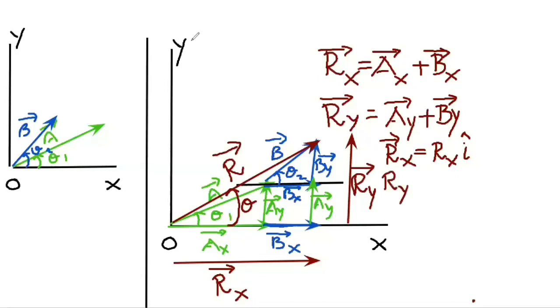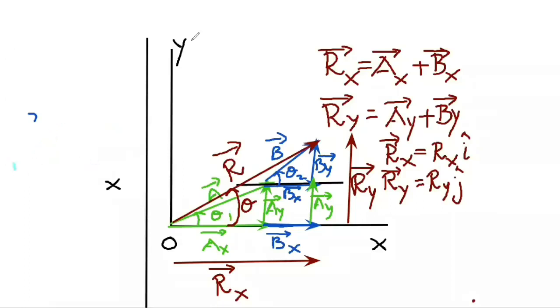Similarly, vector Ry is equal to magnitude Ry and direction j hat. Now we know that i hat, j hat, k hat are unit vectors which indicate the directions of x, y and z axes.